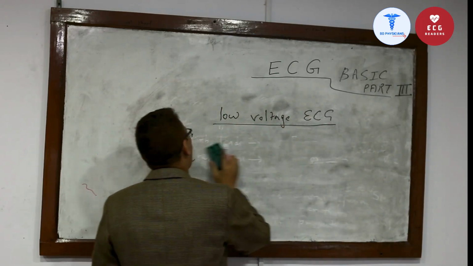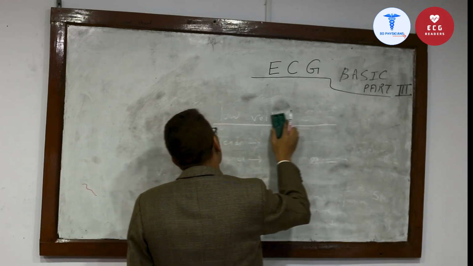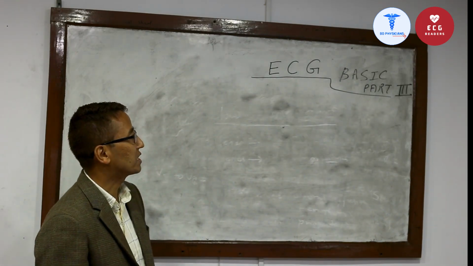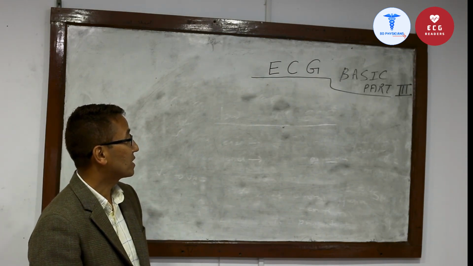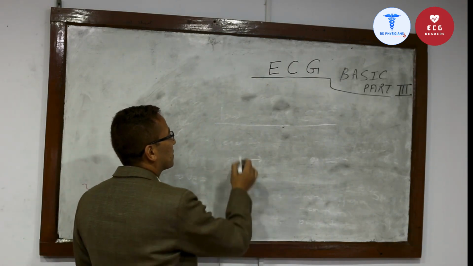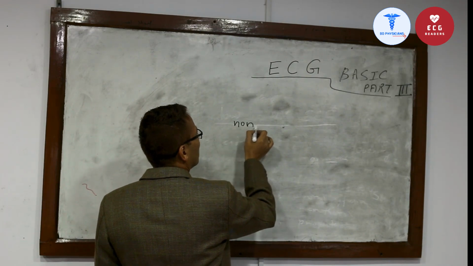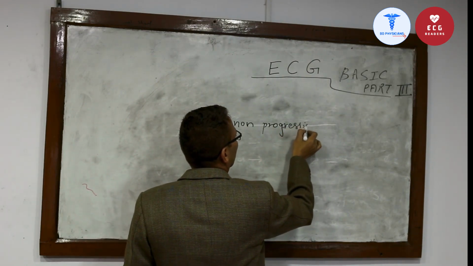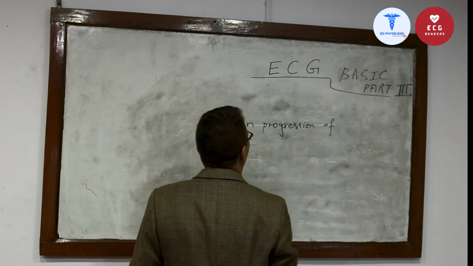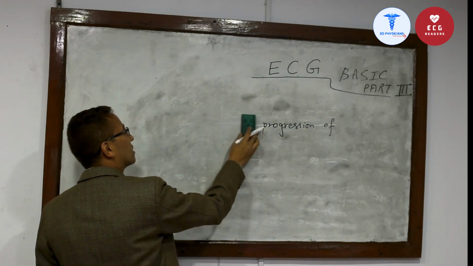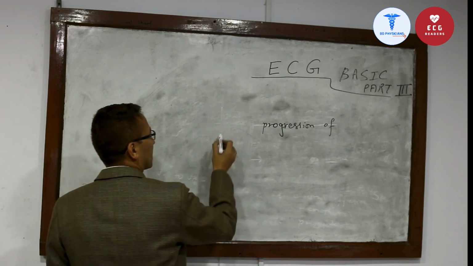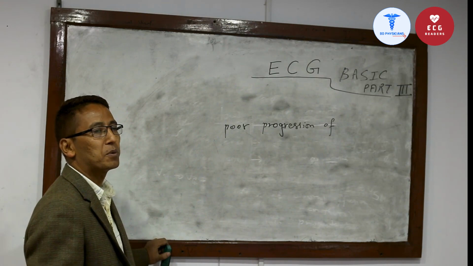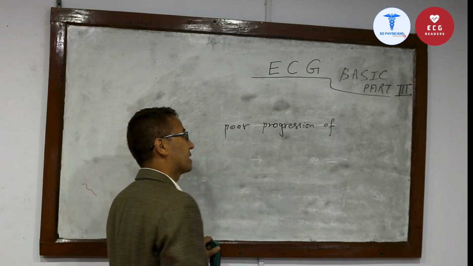And I have told that there should be progression of the R wave from V1 to V6 in the chest leads. Non-progression of the R wave may occur, though the terminology is poor progression. That is, no increment of the height of the R wave from V1 to V4, V5 or V6.